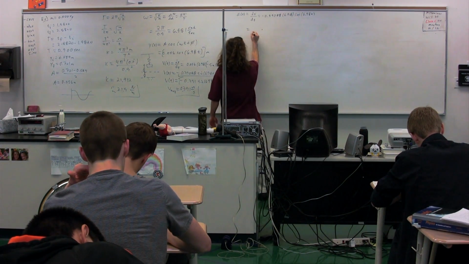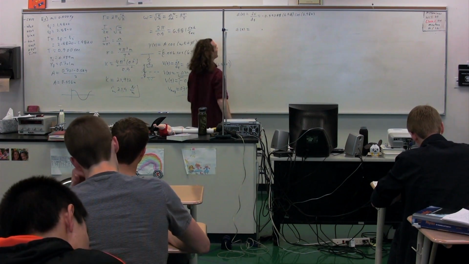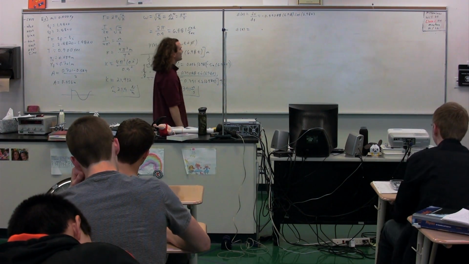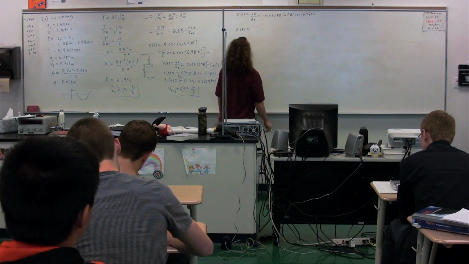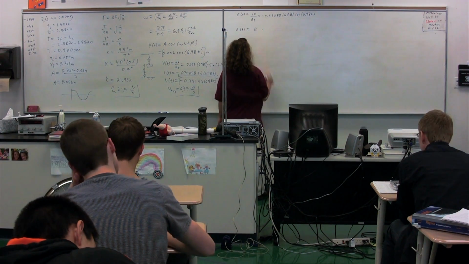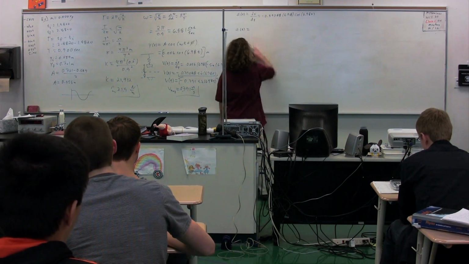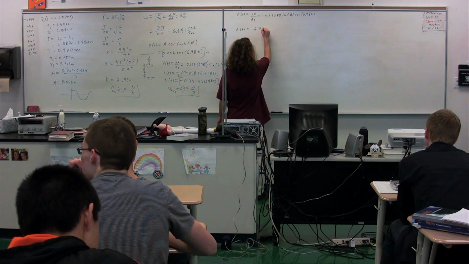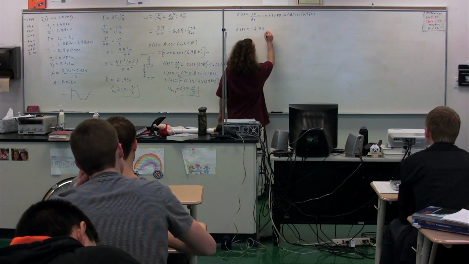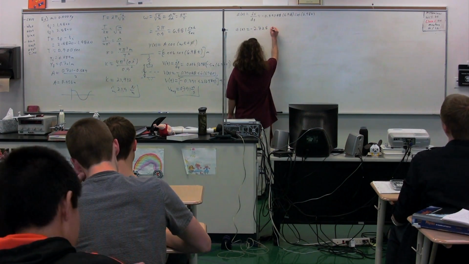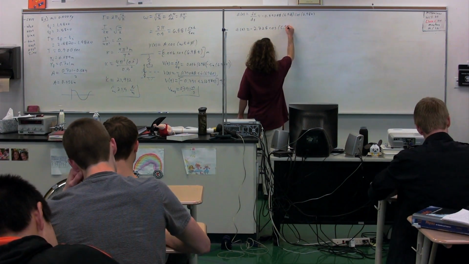Can I please have 0.39088 multiplied by 6.98? 2.72. Thank you. Cosine of 6.98t.